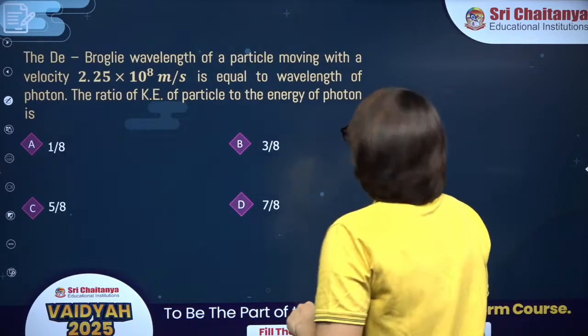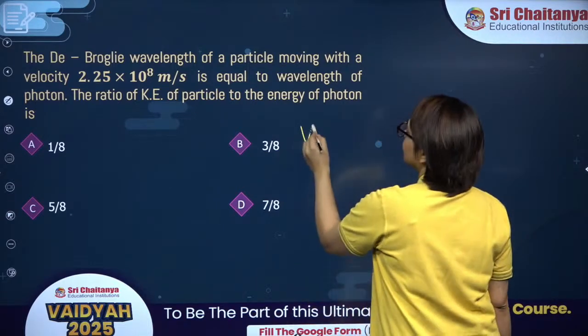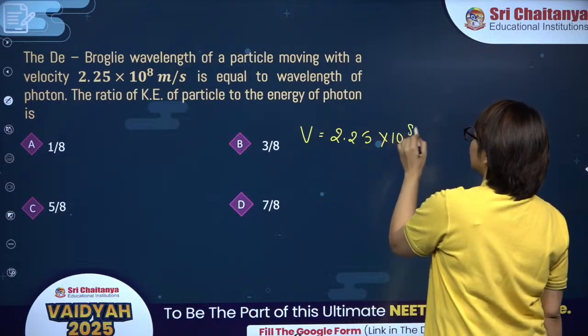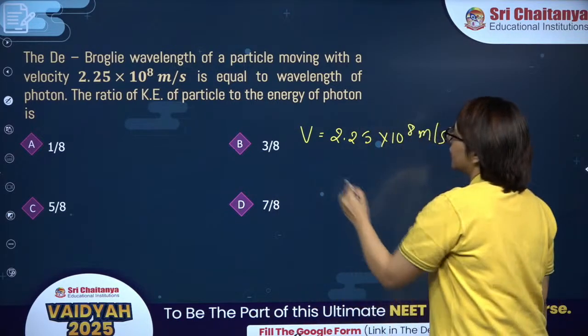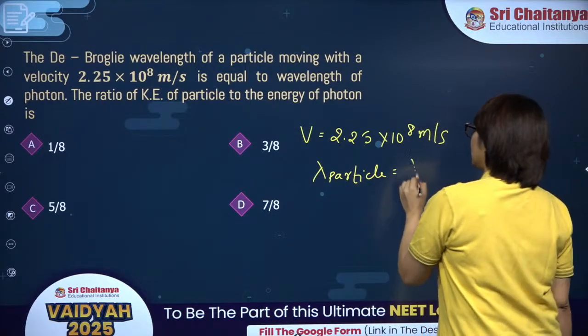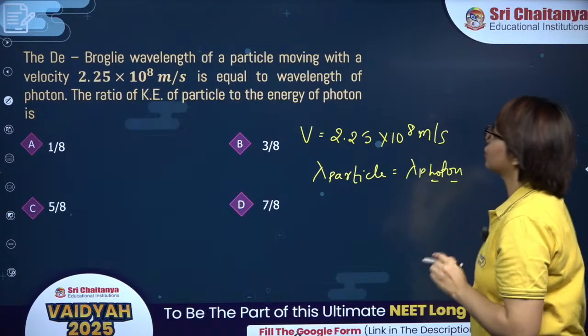Now next is the de Broglie wavelength of a particle moving with velocity 2.25 into 10 power 8 meter per second is equal to the wavelength of a photon. The de Broglie wavelength of the particle is equal to the wavelength of the photon.